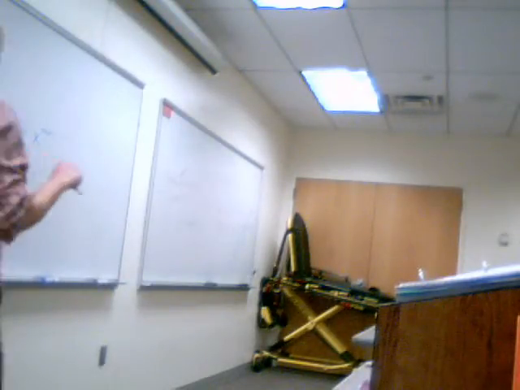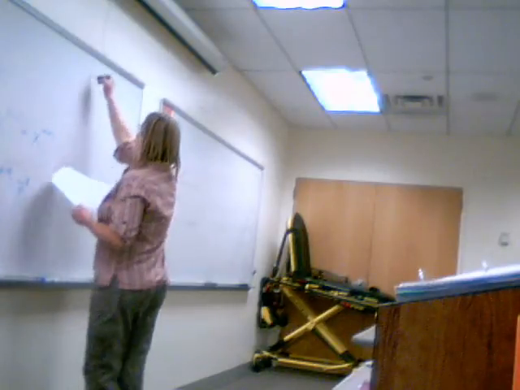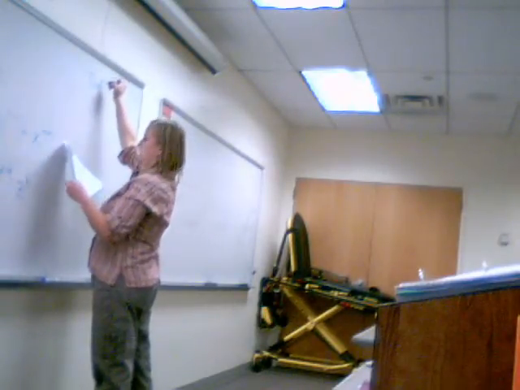So what would this be? X to the 15. Good. What would that be? 24. Very good. So the biggest problem with this is not to confuse the power rule with the product rule.